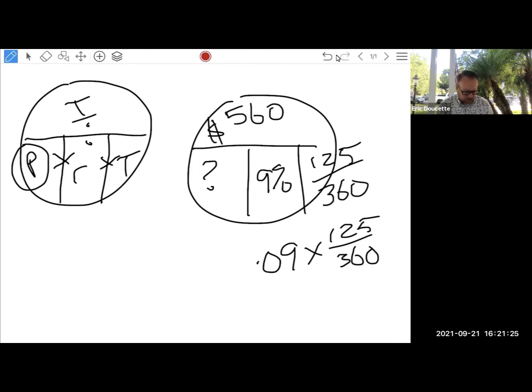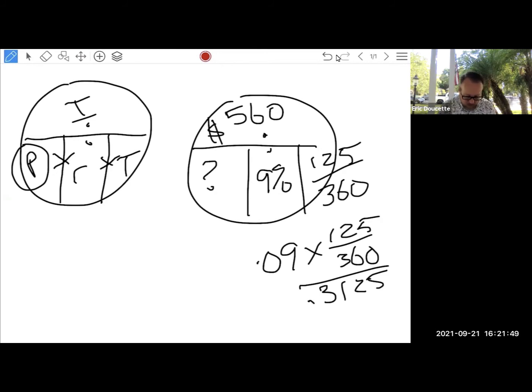So I'll do the math on that. 0.09 times 125 divided by 360. We use the ordinary method. Came up to 0.3125. Now I'm going to divide 560, which is the interest, by, because remember this line means divide, I'm going to divide that by 0.3125.